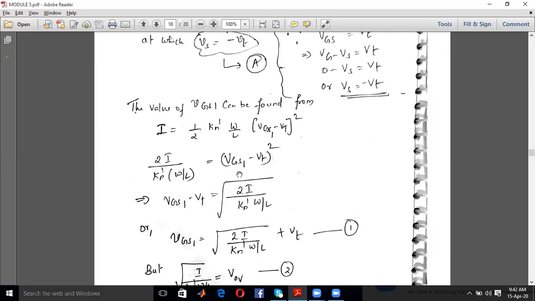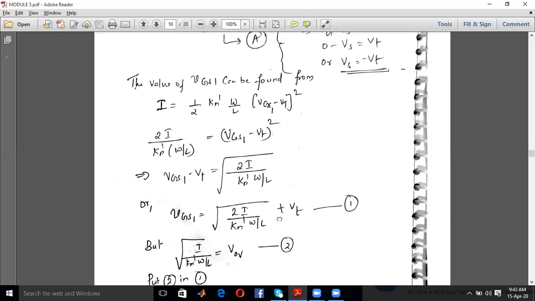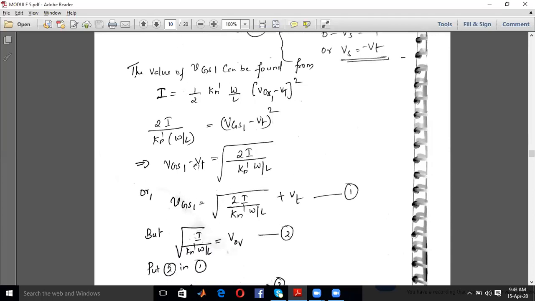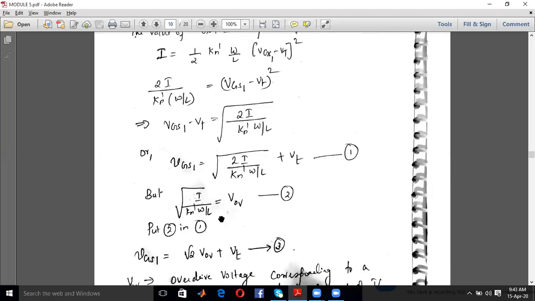So you will be dealing with only VGS1 minus VT the whole square. From this, just rearrange and find VGS1. Taking the square root, you remove the square and find VGS1. And what is this VGS minus VT? It is VOV. So you got the VOV equation also now.